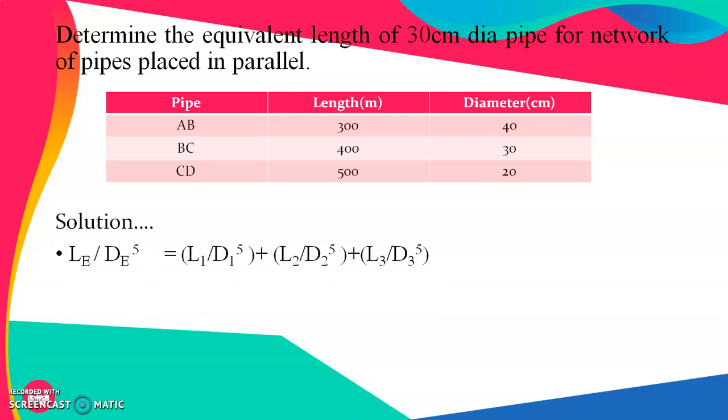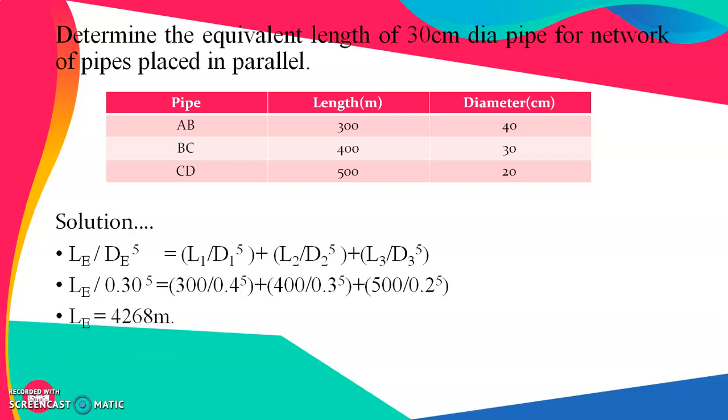Now we are aware of the final equation for pipes placed in series. So it will be LE upon D raised to 5 equals L1 upon D1 raised to 5 plus L2 upon D2 raised to 5 plus L3 upon D3 raised to 5. So ultimately it will be LE upon 0.3 raised to 5. This 0.3 is the equivalent diameter, and we can calculate LE equals 4268 meters.